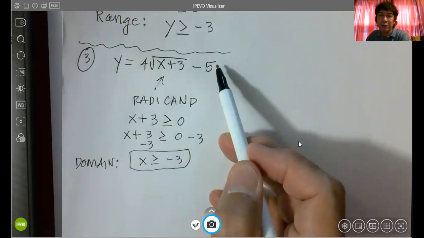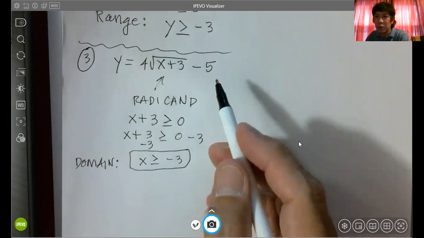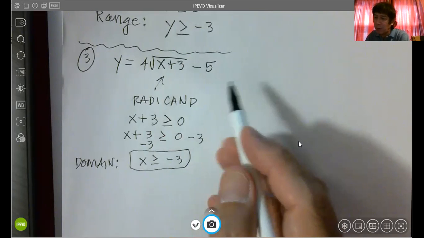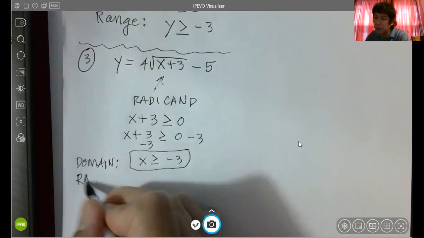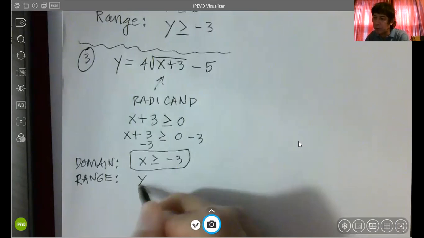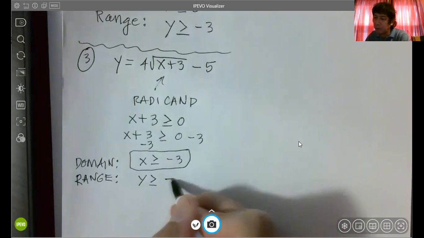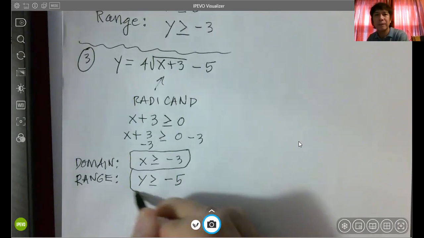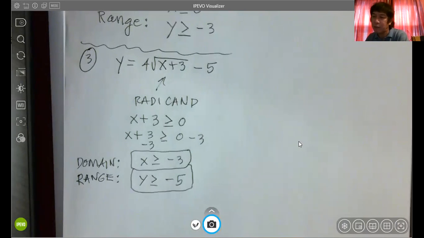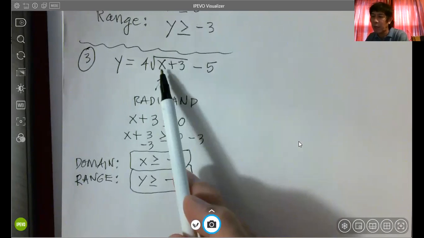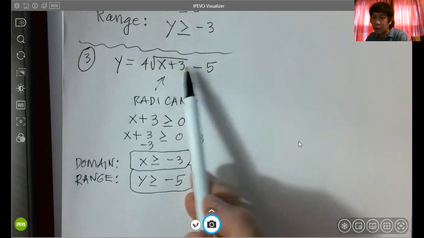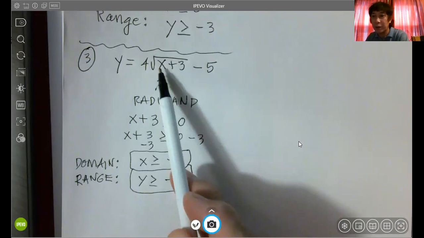So the value is negative 5. That's the starting value for y. Our range is easy to see: y is greater than or equal to negative 5. As you increase the value of x, this will have a positive amount. Say negative 2, which is higher than negative 3.